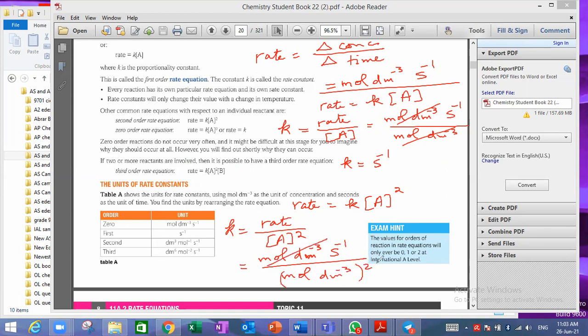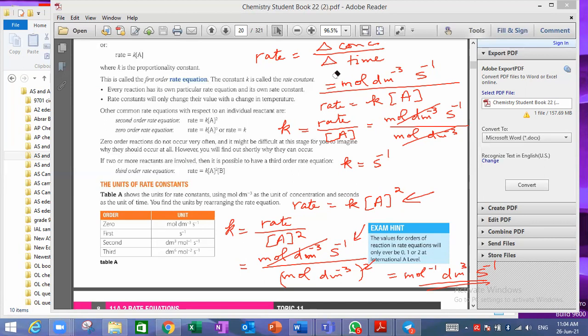So mole per decimeter cube cancels with one of these squares, and if we move the remaining mole per decimeter cube to the numerator, it will be mole minus 1 decimeter cube, and then we put the second minus 1 that was present at the beginning. This will be the unit of the rate constant for a second order reaction.